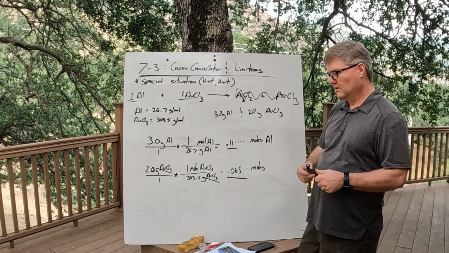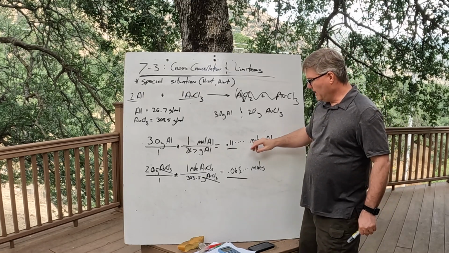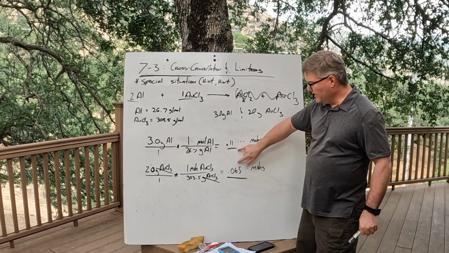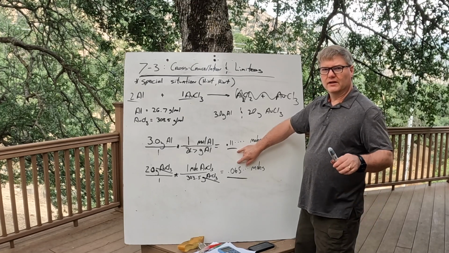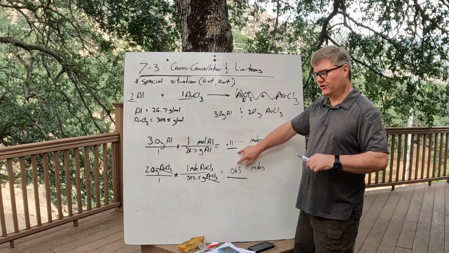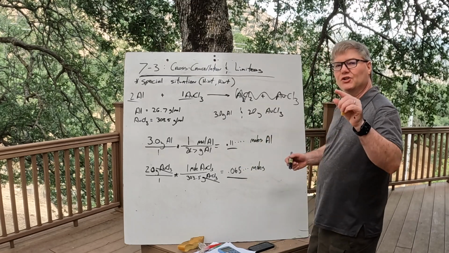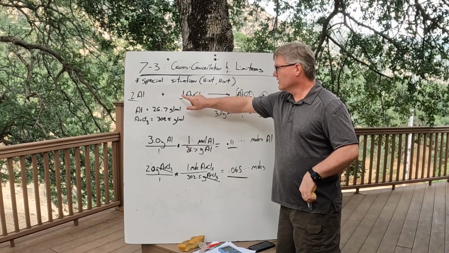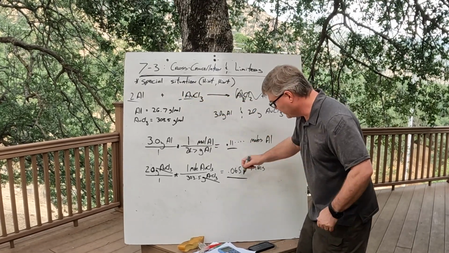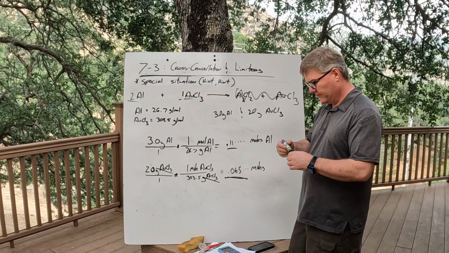So that means that these need to be adjusted based on that ratio. Here's how you do it. Look for the number 1. We just need 1 mole of this, and we calculated 1 mole of that, 0.065.